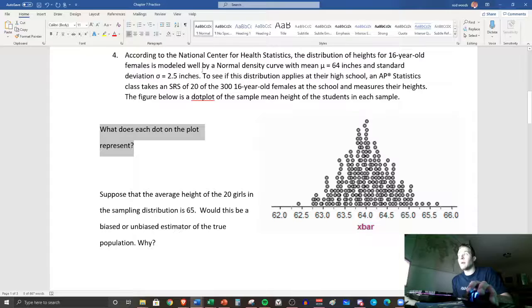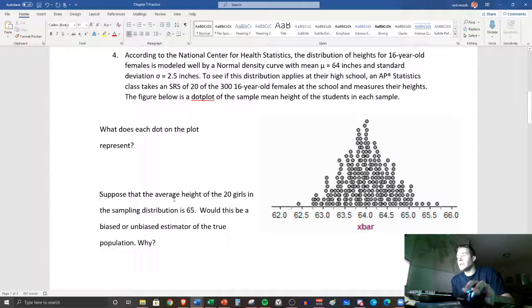Well, each dot represents a sample of size 20 and the mean of that sample. For instance, this dot right here means I took a sample of 20 16-year-old females, and their average height was about 65 inches. So that's very important, okay?